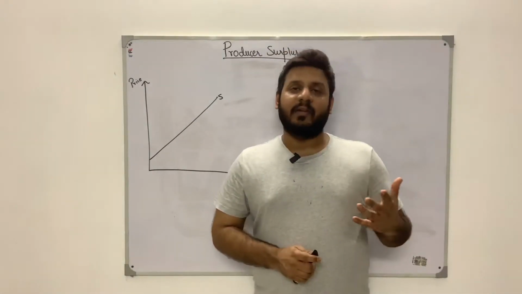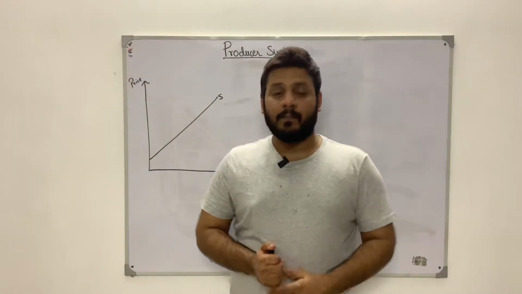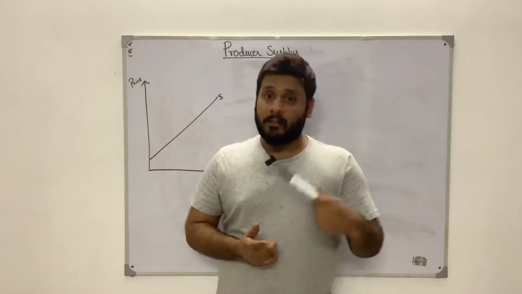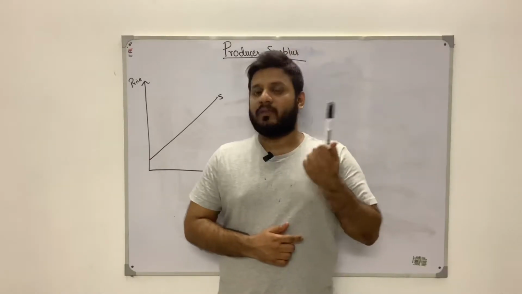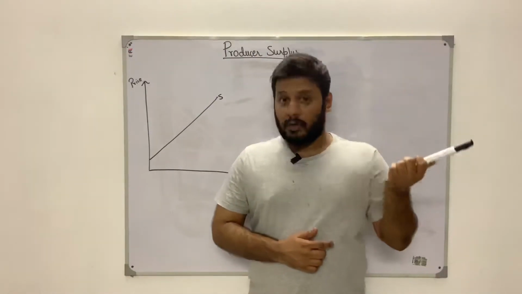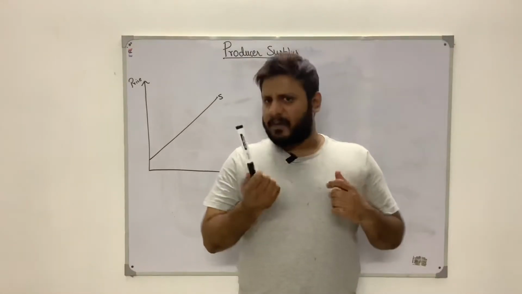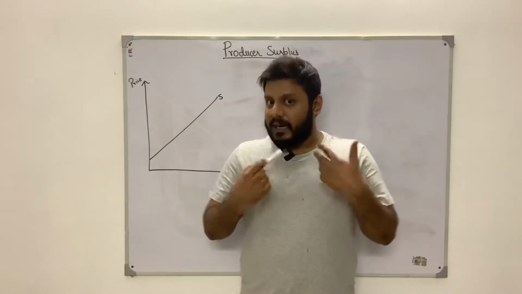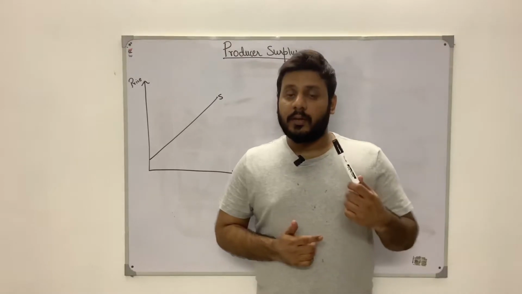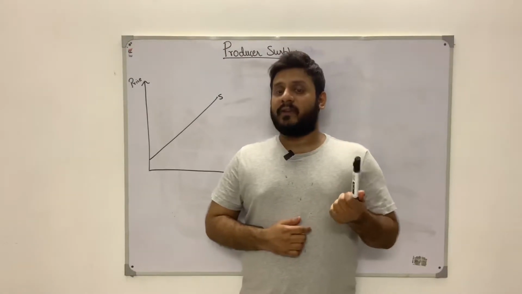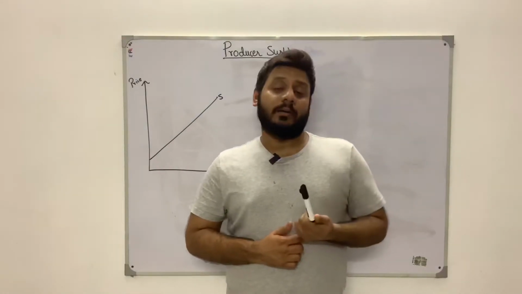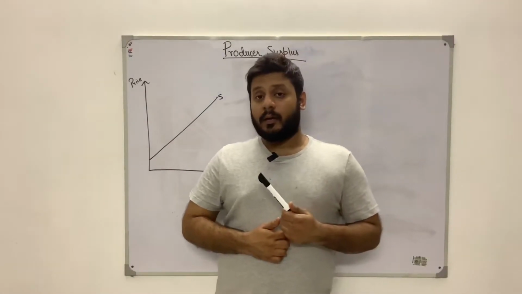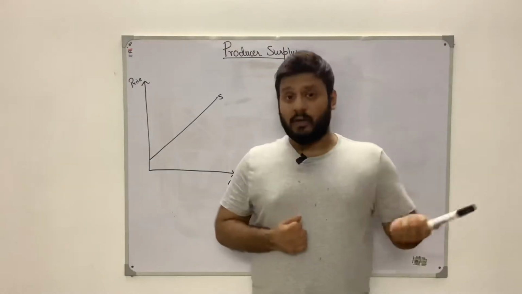So for instance, let's say there is this marker, and I produce this marker and the minimum price that I'm willing to sell it for is, let's say, $10. But the market is offering me a price that is much higher, let's say $15.